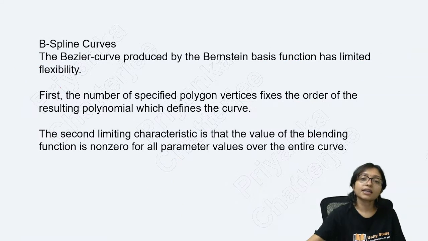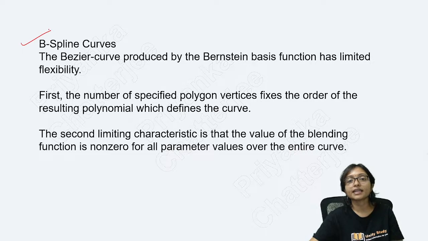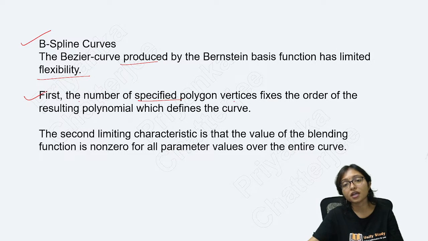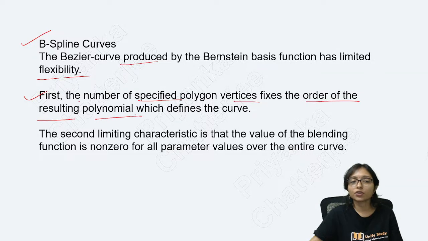After that, the next one is the B-spline curve. The B-spline curve exists because the Bezier curve has limited flexibility. First, the number of specified polygon vertices fixes the order of the resulting polynomial.